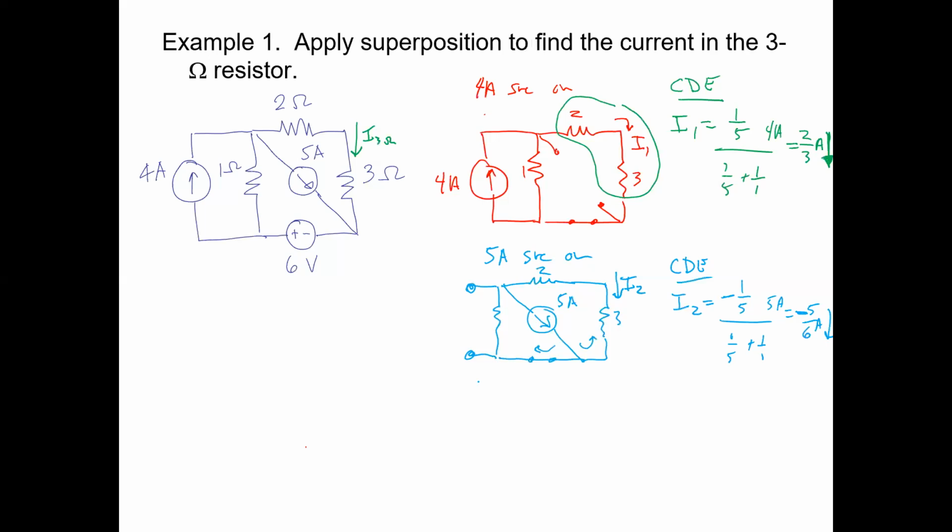And then finally, with the 6 volt source, I'll do this in purple. With the 6 volt source turned on and the other guys turned off, you're going to have something that looks like this.